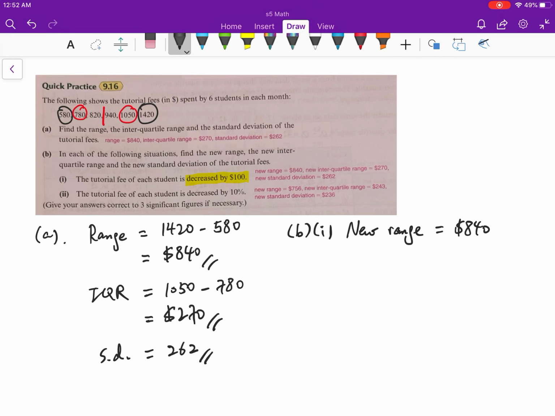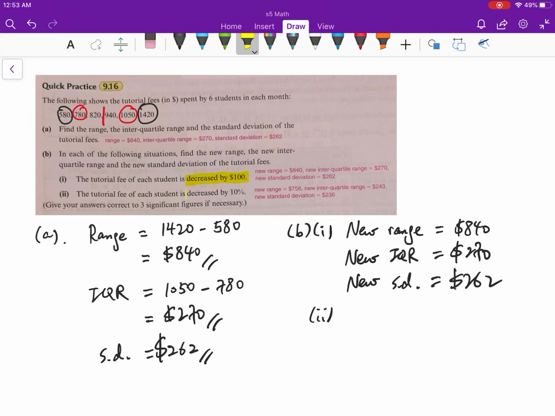So you just simply copy the answers from part A. So new range is the same as before. So new IQR is the same as before, which is 270. So new SD is the same as before, 262. Oh, sorry, I missed the dollar sign in part A.